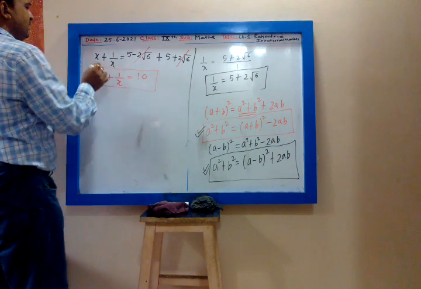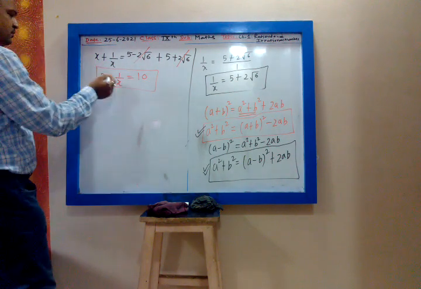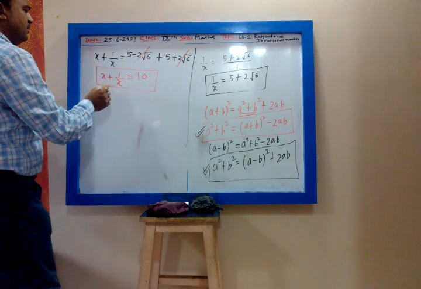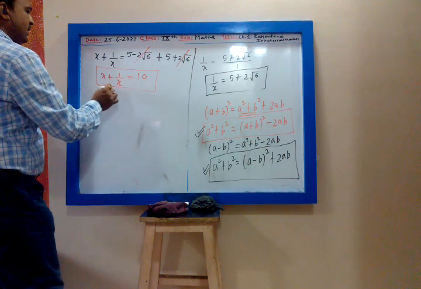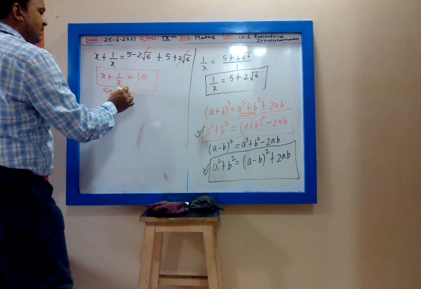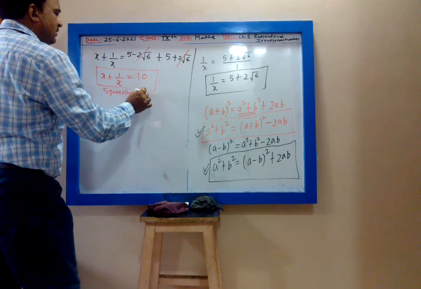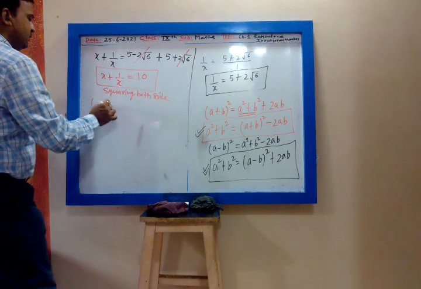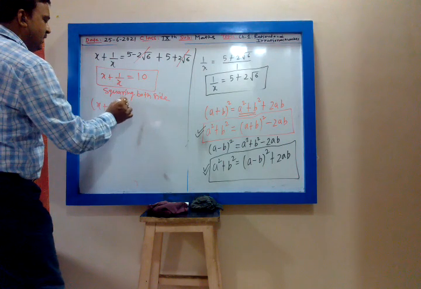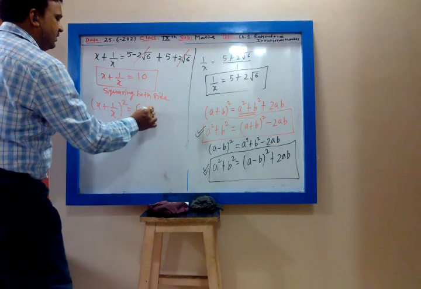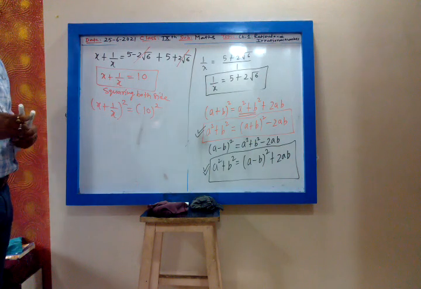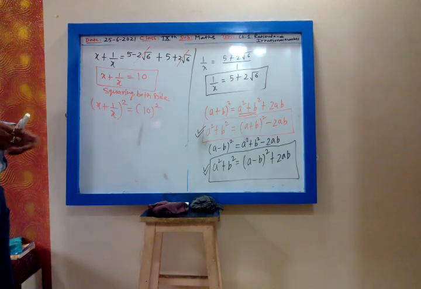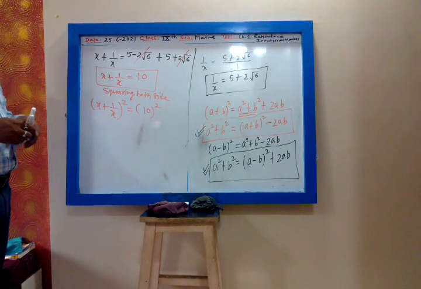Now use this formula, square it, because you want to find the square, no? So squaring both sides, you will get (x plus 1 upon x) whole square is equal to 10 square. But you want to find x square plus 1 upon x square, not (x plus 1 upon x) whole square.